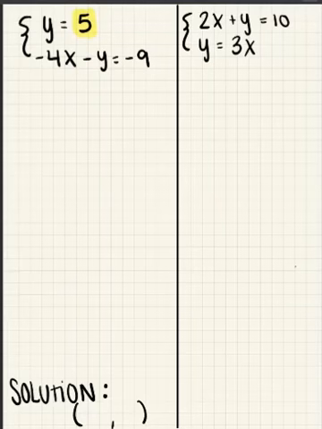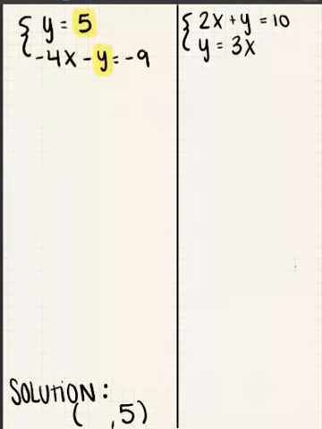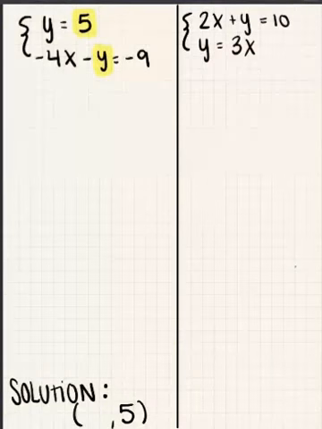But this one tells me right now that y is equal to 5, so I'm going to put that in my solution. And what I'm going to do is know that with substitution, I'm going to put that anytime I see the variable y. So anytime I see the letter y, I'm going to replace it with what it tells me up at the top is what y has.